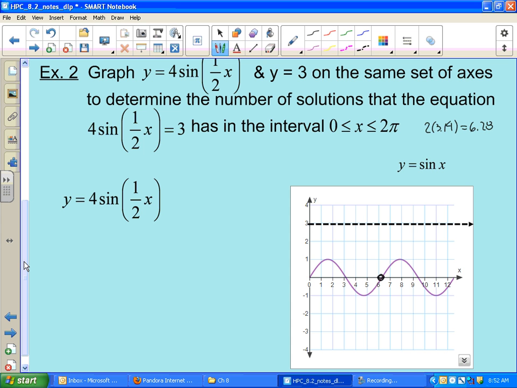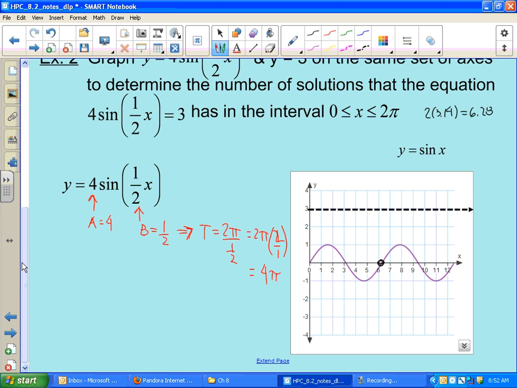The sine curve. Well, here's my A. My amplitude is 4. Here's my B. B is 1/2, which means, how does it affect my period? The period is 2 pi over 1/2, which is 2 pi times 2 over 1. So I have 4 pi as my new period.